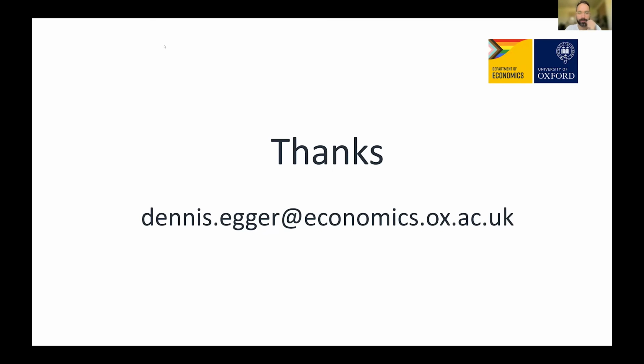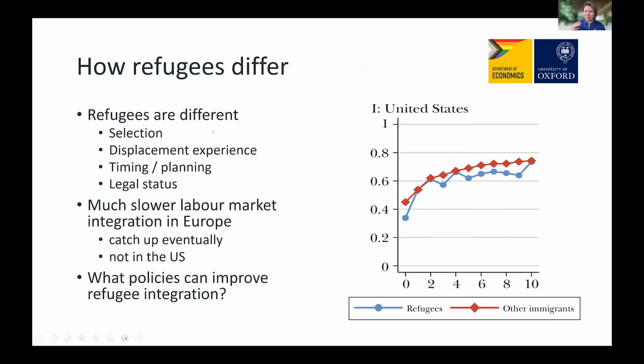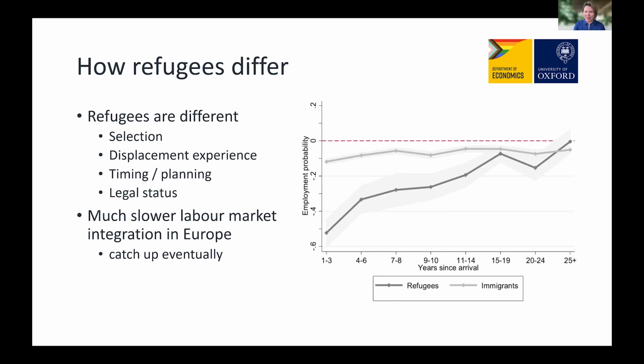And related to that is the figure that you showed over time, where you see that refugees are catching up. Is there anything there about selection in out-migration as well, in terms of, are they the same group of people who stay so long?